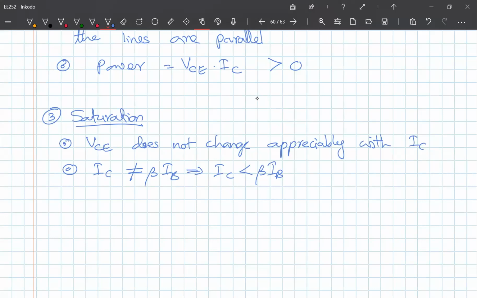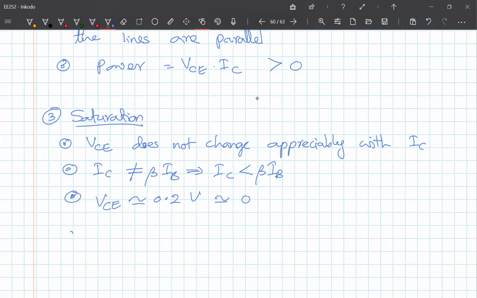In other words, current in the base can be higher, but the current in the collector does not increase. It's fixed. Okay. Collector emitter voltage roughly is constant around 0.2 volts, which is very small, right? For silicon transistors, we can assume this to be 0.